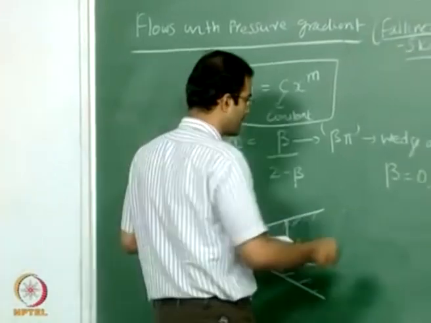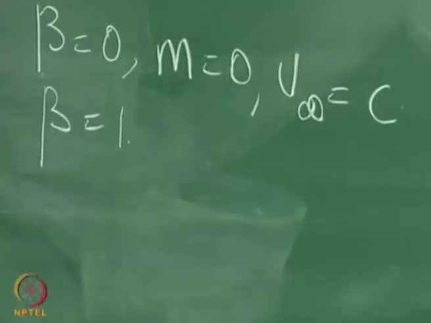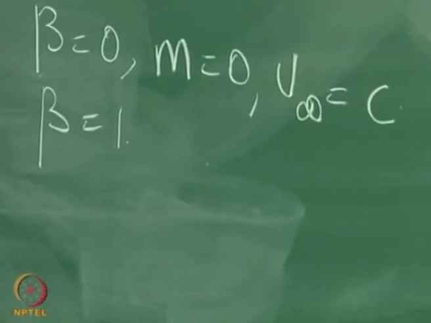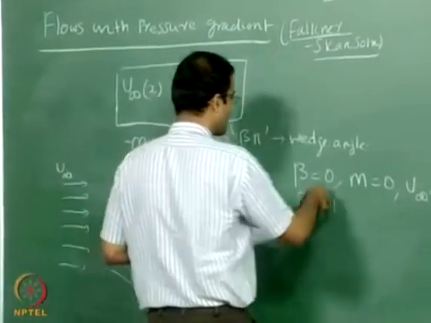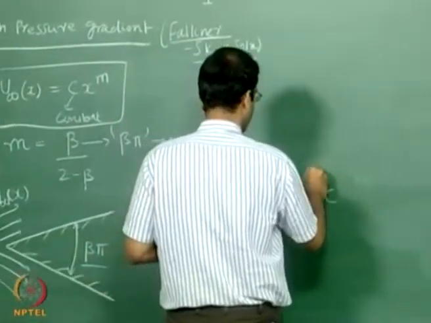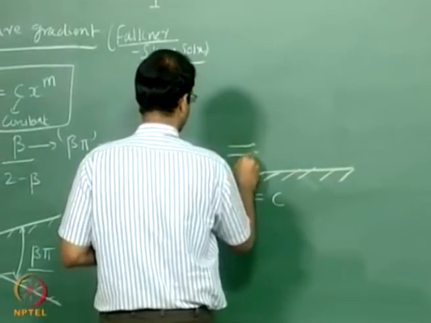Now if my beta equals 1, for example, how does this flow look? So let me draw the different cases. Beta equals 0, as you can see, will be a flat plate.